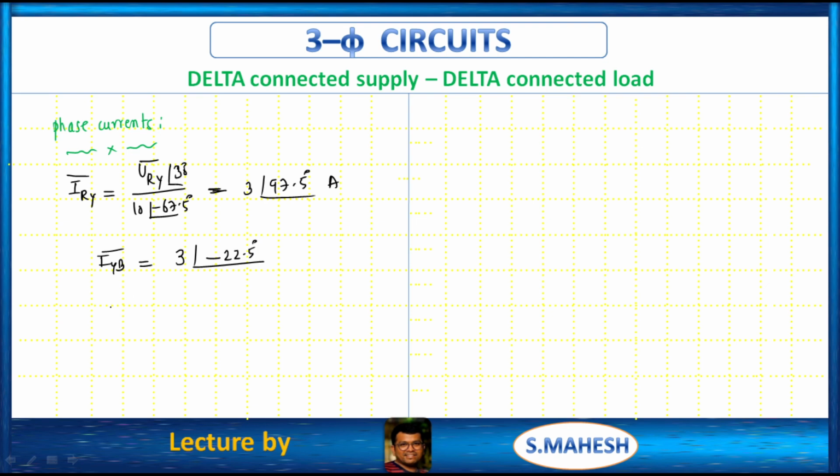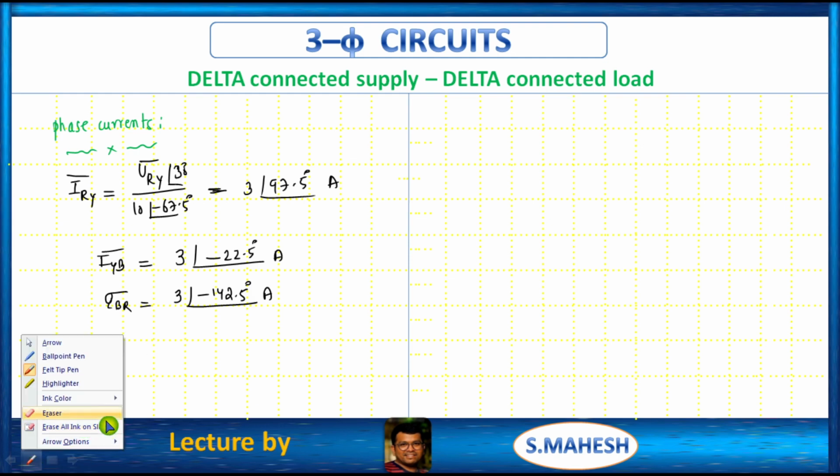Like that, IBR, which is equal to 3 at an angle minus 142.5 amperes. That's it. This is VYB at an angle minus 90 minus 67.5, that is minus 90 plus 67.5, we get minus 22.5. So these are the phase currents.